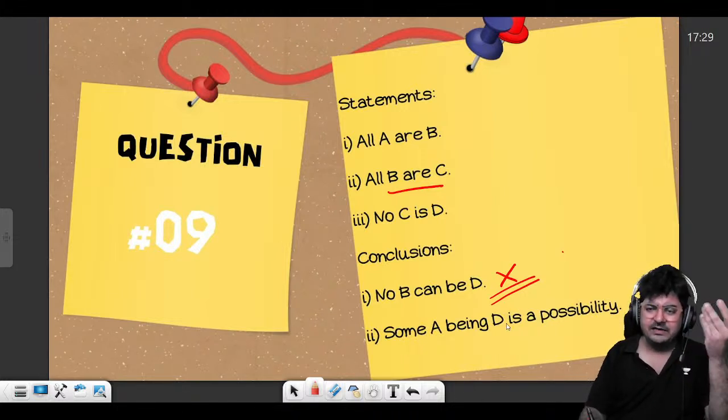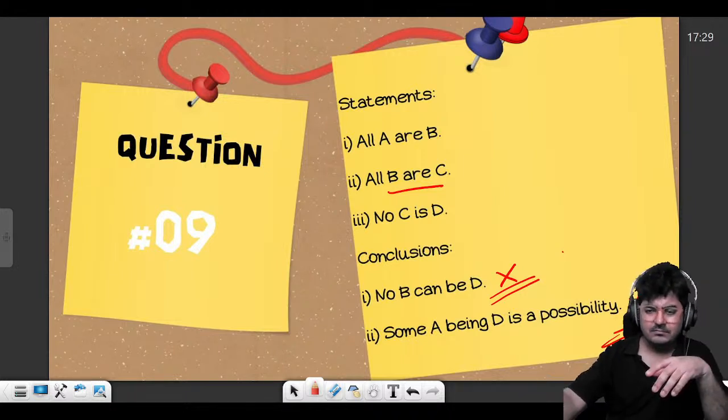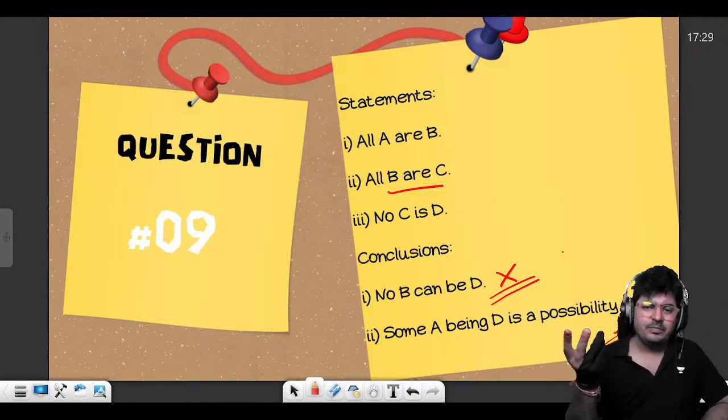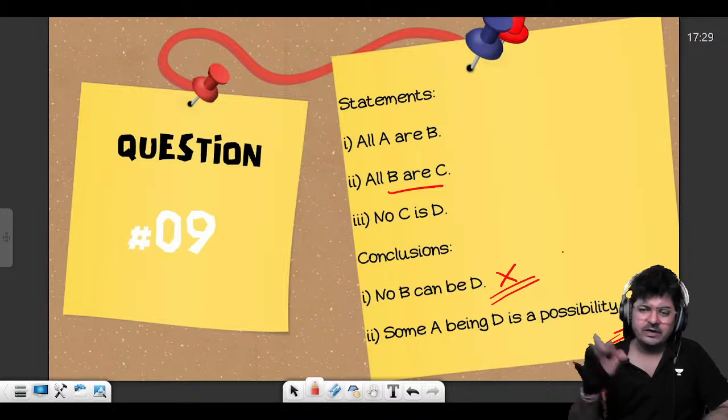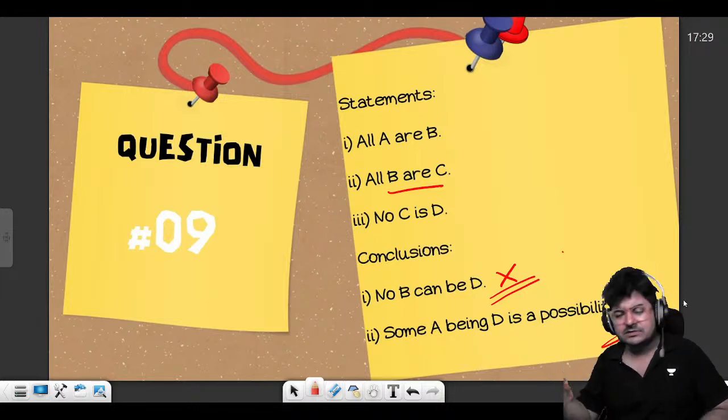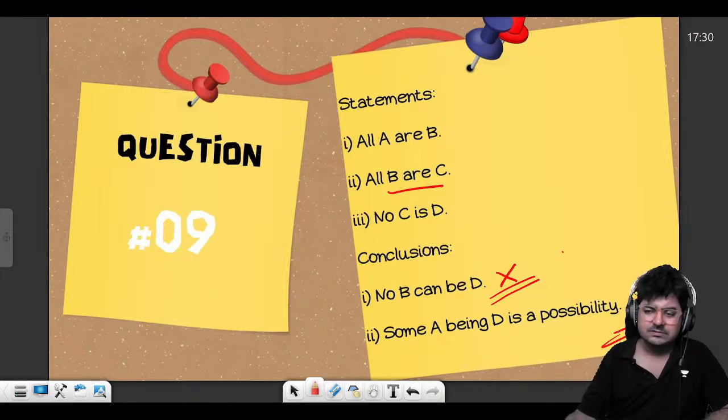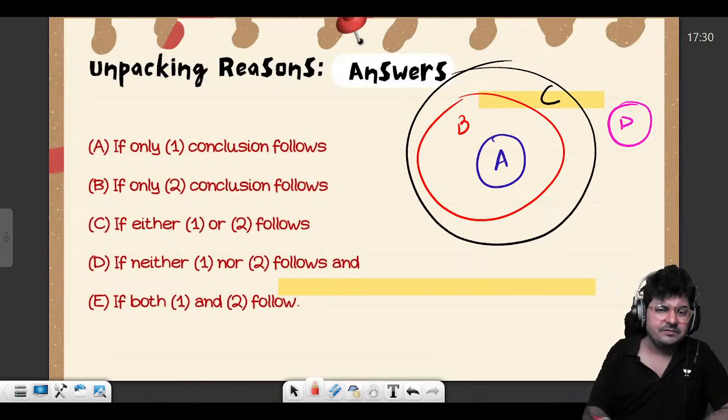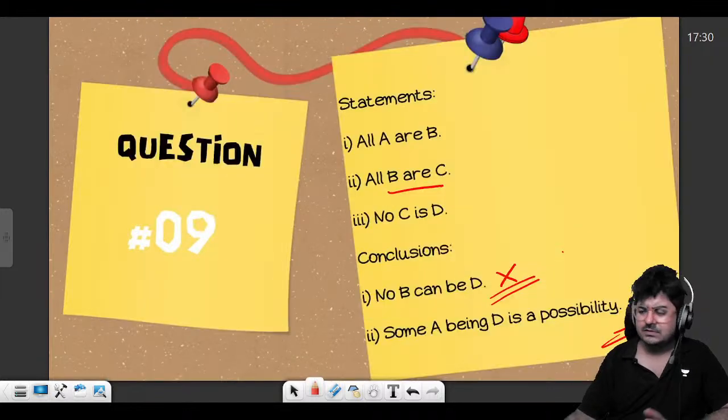And some A being D is a possibility, that is also false. A is B, B is C, and C is not D, so A and B will also be not D. So here the answer will be D if you have to think like this. Neither one nor two follows. So is it clear? I hope now it is clear.